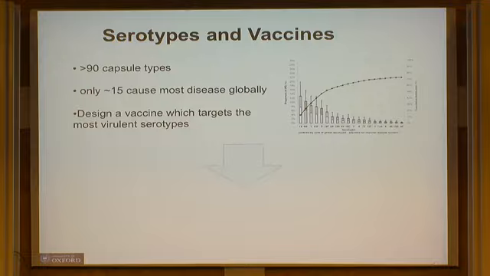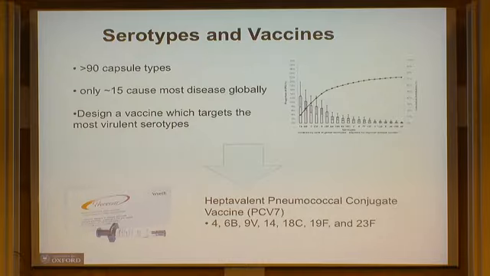So in terms of a vaccine, the solution that we've come up with is to have a vaccine which targets these most virulent serotypes. And one of these vaccines, PCV7, which contains 7 of these serotypes, has been in use from about 2000 in the US and the UK, and also several other countries like Israel around the world, and also in sub-Saharan Africa.